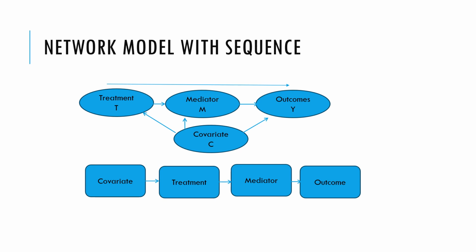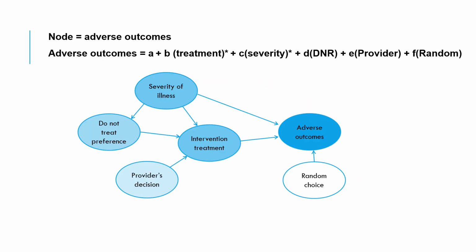In the bottom, keep in mind covariate, treatment, mediator, and then outcomes. Our first node that we're going to discuss is adverse outcomes. We've already seen the regression for that, and this is just a recap. We will move on to severity of illness and intervention, treatment, and other nodes to write regressions.